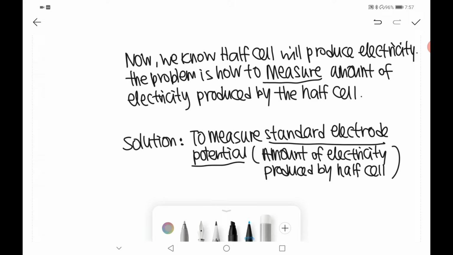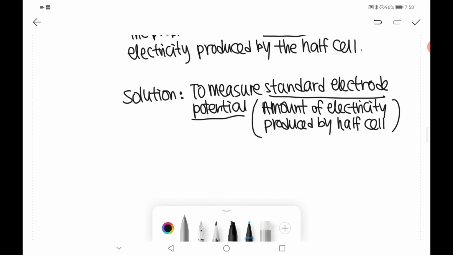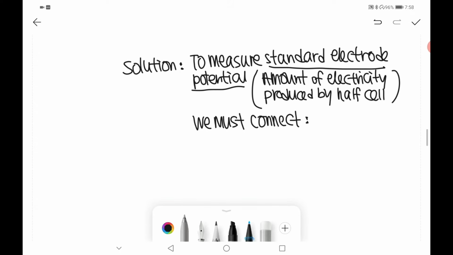Alright, so in order to measure the standard electrode potential, we must connect two things together. We must connect the half cell that we want to a very special thing.